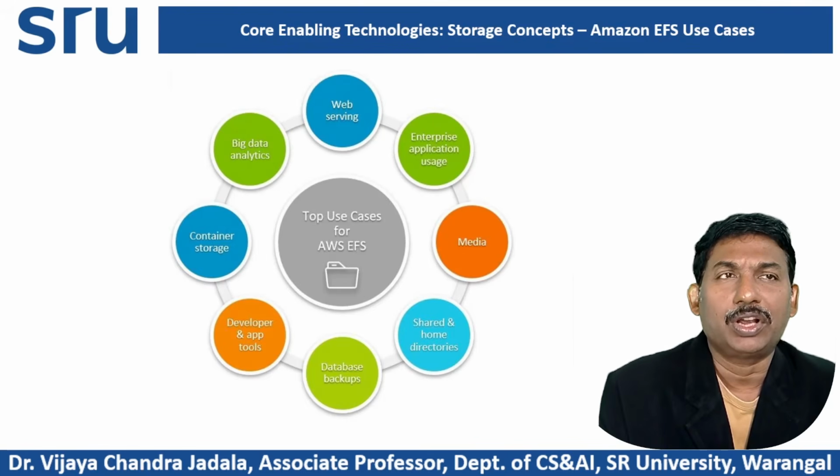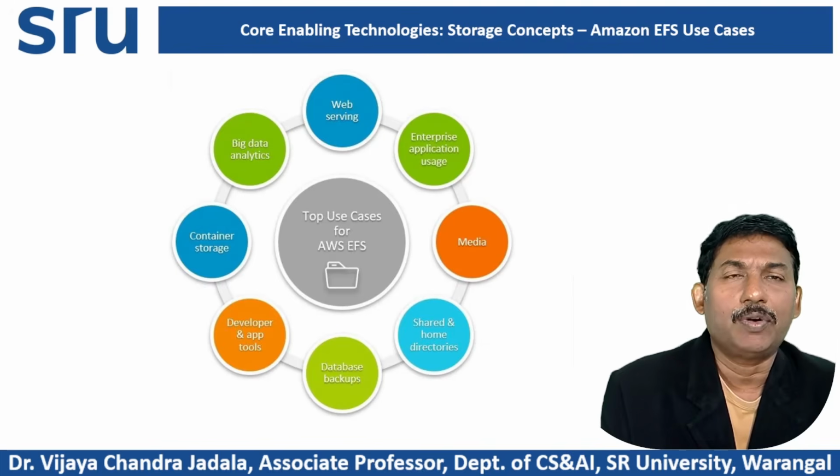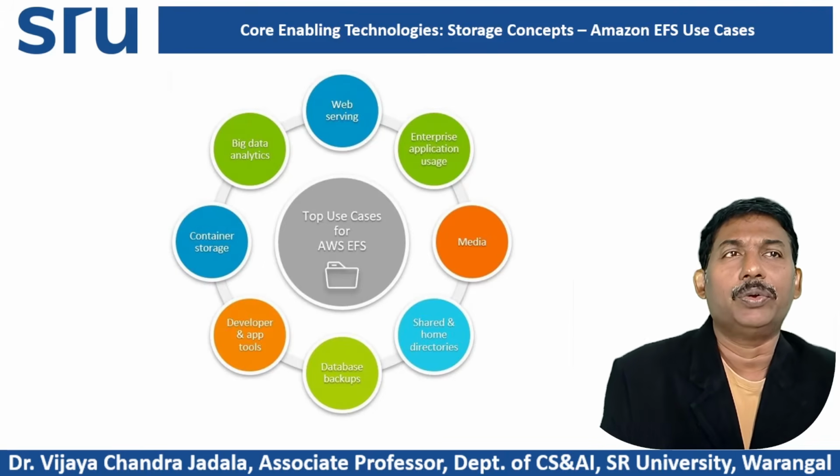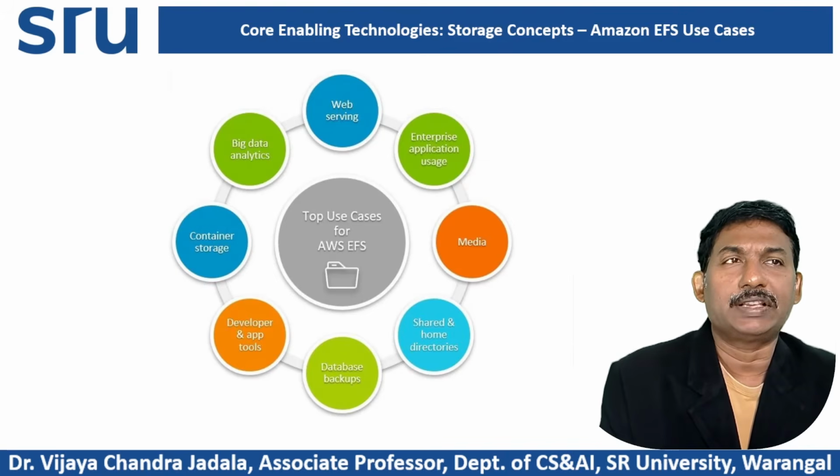Next comes shared and home directories. This is a natural choice for shared and home directories, offering a scalable, durable and highly available alternative to traditional network attached storage, called NAS devices.